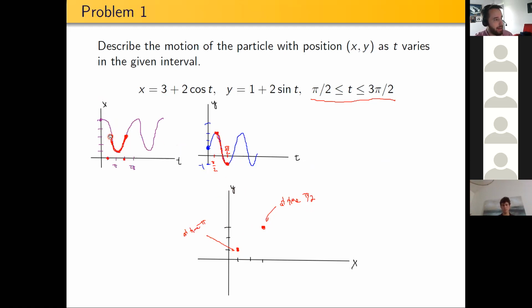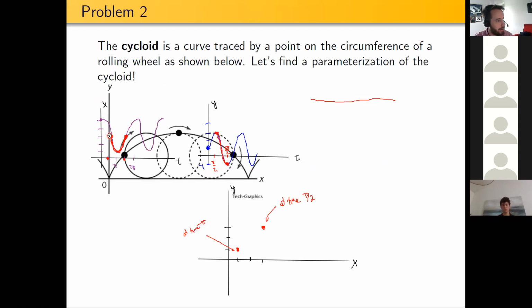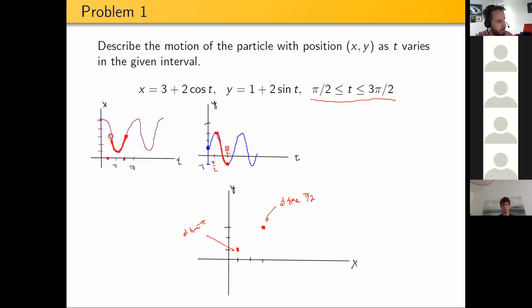Notice my x-coordinate will start off by sinking relatively quickly, and then it will sink less quickly. So in this graph, we start off relatively steep going down, and then we level off and go less steep until we get down to this height at pi.